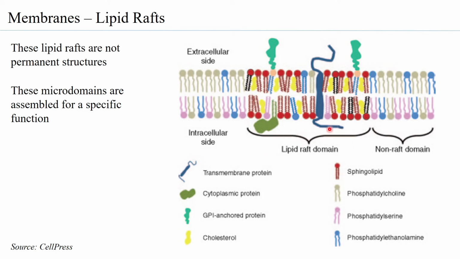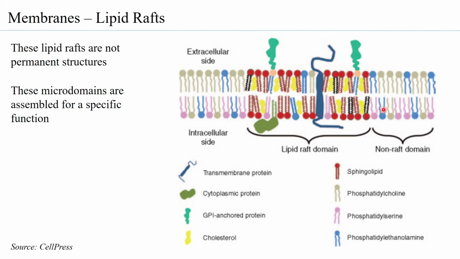But that is very important, and there are many such microdomains formed in the membrane. They are formed, disassembled, formed, disassembled again and again. So you can see how dynamic the membrane is, how many changes happen in it all the time to ensure some function or the other.